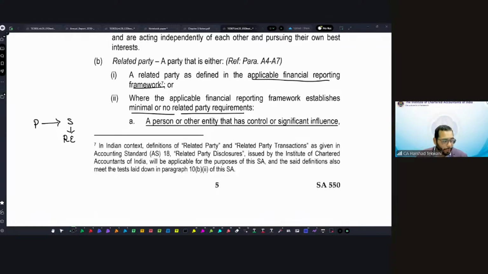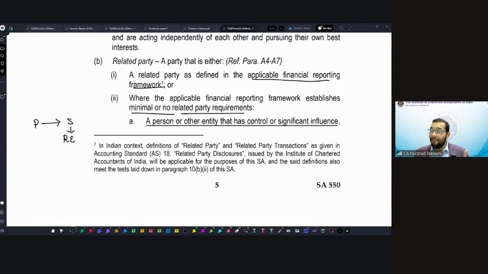Clear? Okay. Now that was with respect to the arm's length price discussion. So not having arm's length price could be a problem, could be a risk to the company. That's why it's necessary for us to recognize whether there is a fraud risk factor with respect to the related party transactions and relationships.